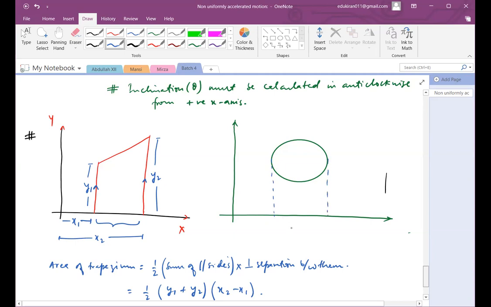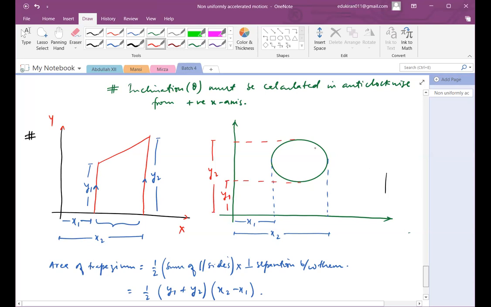This part will define its diameter, so let's say x1 and x2. Similarly, if you draw this, it will define y1 and y2, which again defines the diameter along the opposite axis.